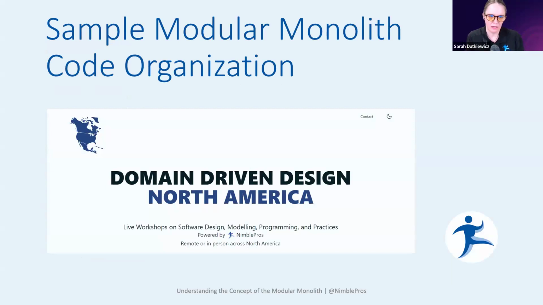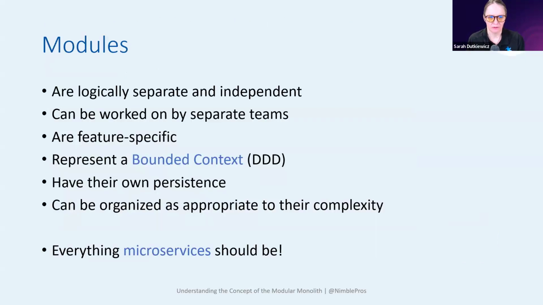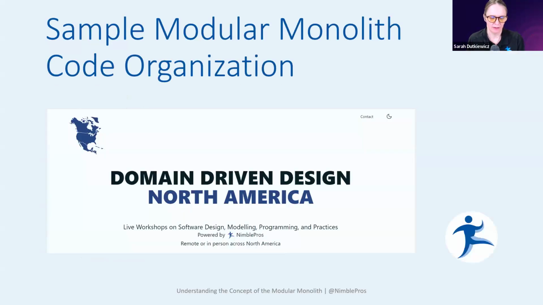So the modular monolith code organization I want to talk about in terms of our demo code. We run a website right now called Domain Driven Design North America, or DDDNA. When we were going through Steve's modular monolith notes, because we all talk about modular monoliths in various forms, I noticed he was talking about books and users.